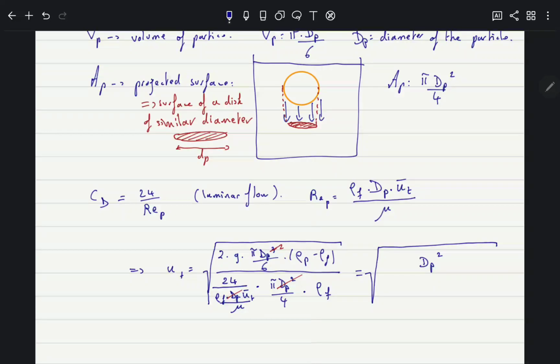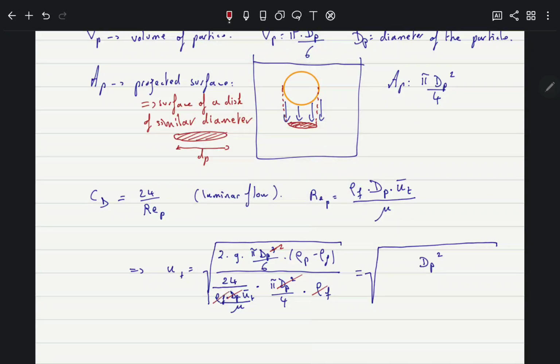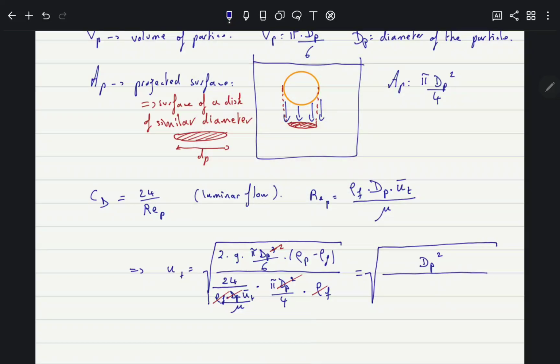Then we have rho f divided by rho f, so we can eliminate these terms. Here you have 24 divided by 4, which will give you 6. So you got 6 divided by mu.